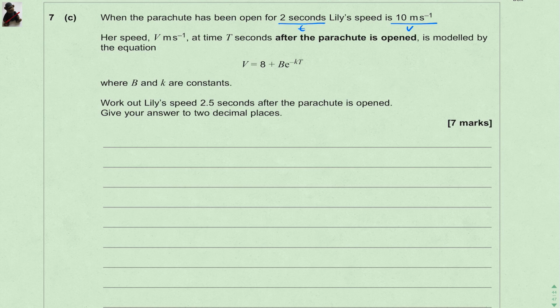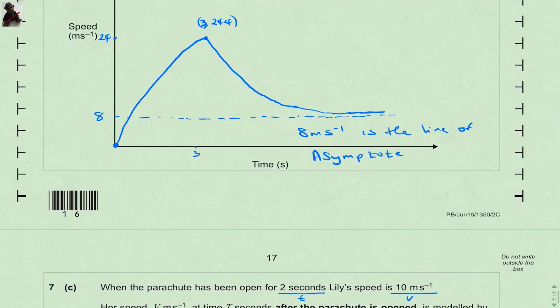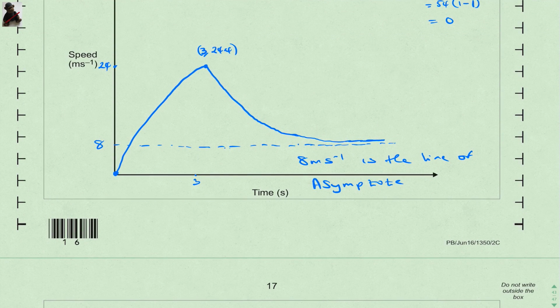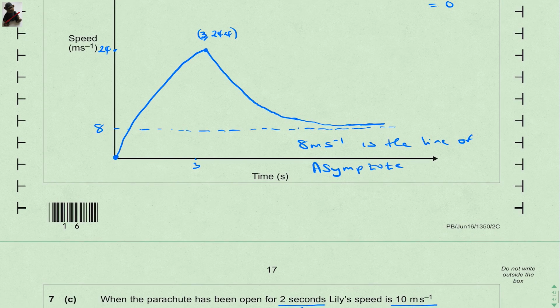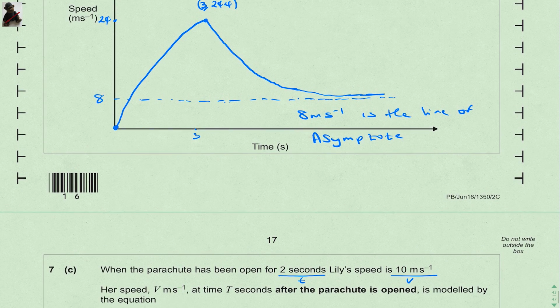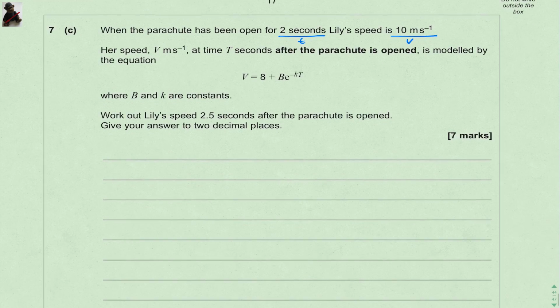Well, when t was 3, the speed was 24.4. So that's when the parachute started to come down. That's a new time now, and at that time, t is 0.